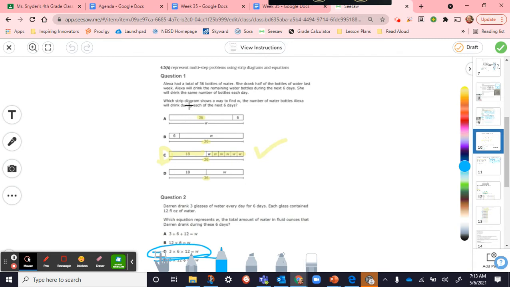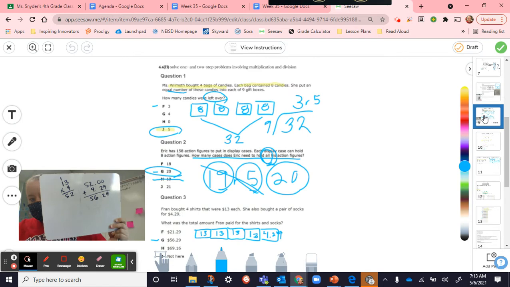Here we talked about strip diagrams, just taking the information and matching it down below. So just taking sentence by sentence. And then down here with the questions about money, just being really careful with the verbiage because there's always things in here like she bought 4 shirts. And then you would have to do 13 4 times.